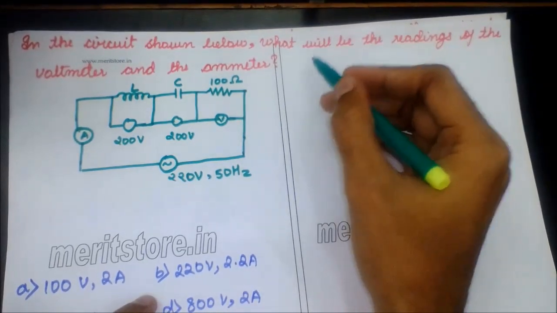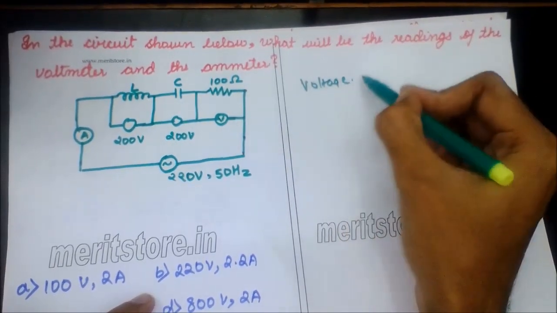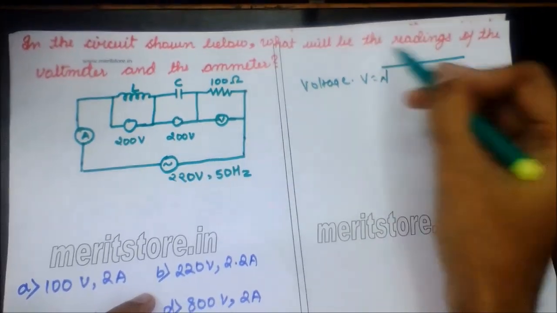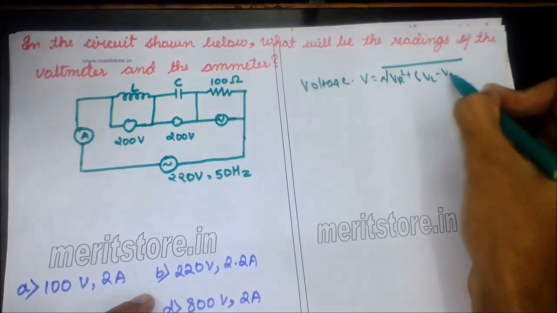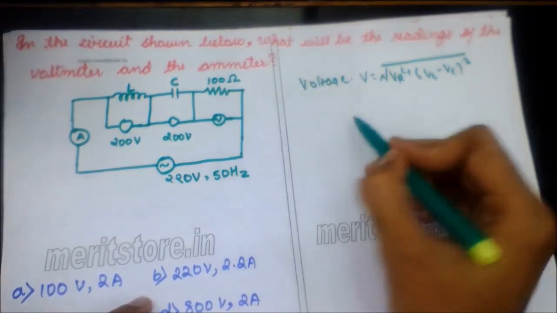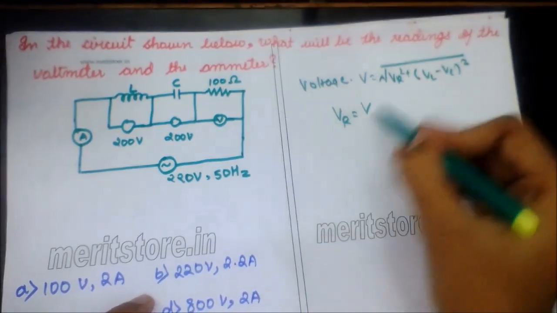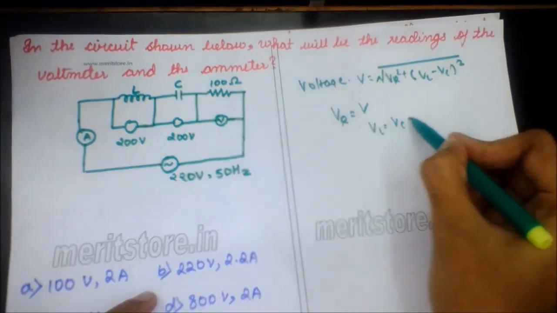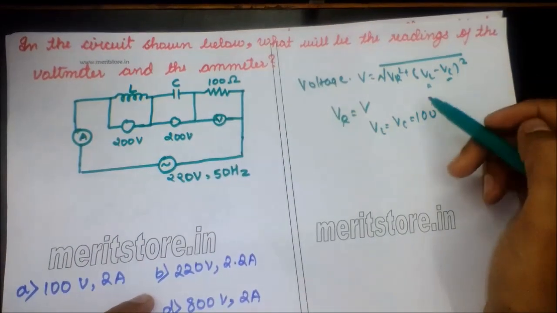So in this case, the formula for the voltage V is equal to under root of VR square plus VL minus VC the whole square. Okay, so the voltage across this R, that is VR, will be equal to this V, just because here we have VL equals to VC equals to 100. So if we place 100 over here and 100 over here, it becomes 100 minus 100.